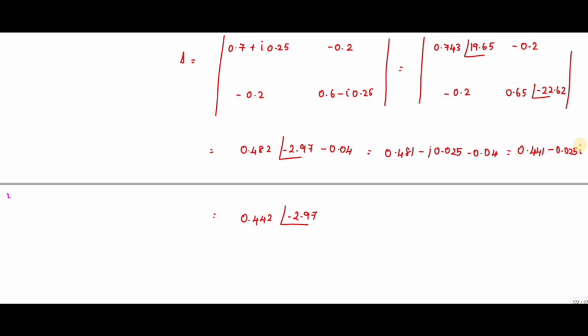So if I convert rectangle to polar form, 0.441 and minus 0.025, so 0.417 minus 33.26.